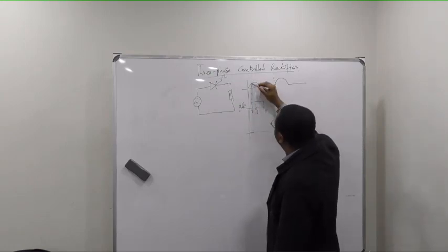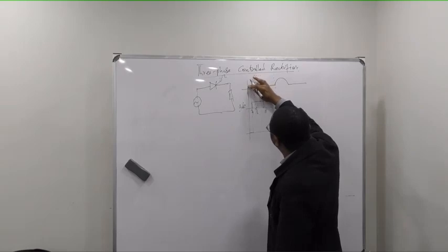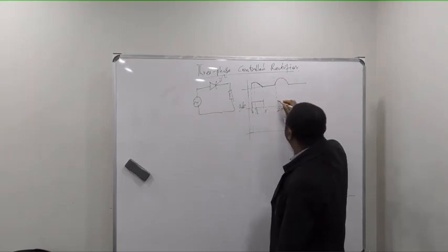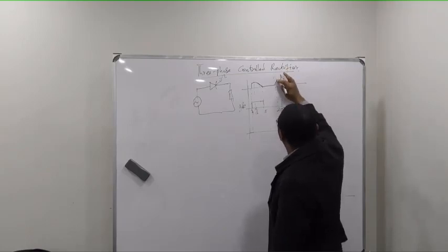It will start conducting from here. Let me just sketch it. It will start conducting here, so it will chop off this part. Now this will conduct. If the signal repeats like that, now we have that.